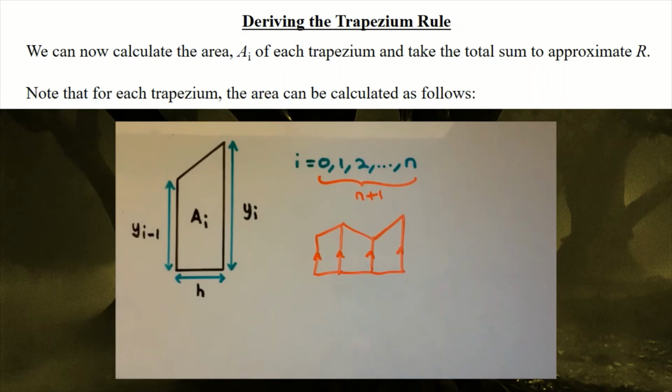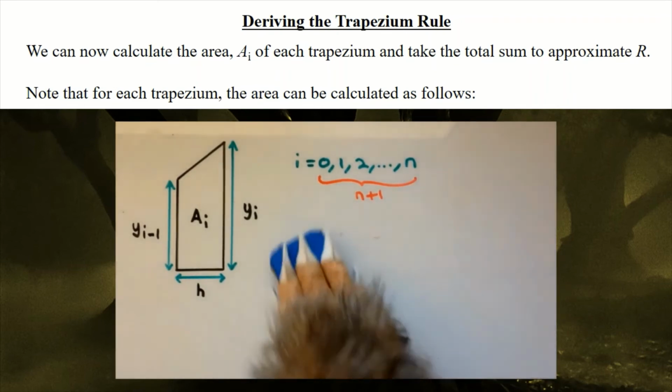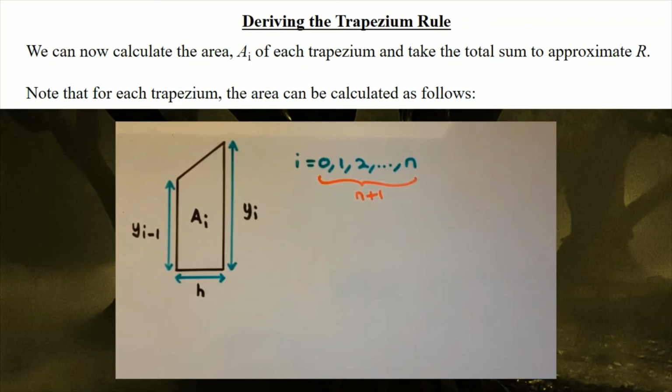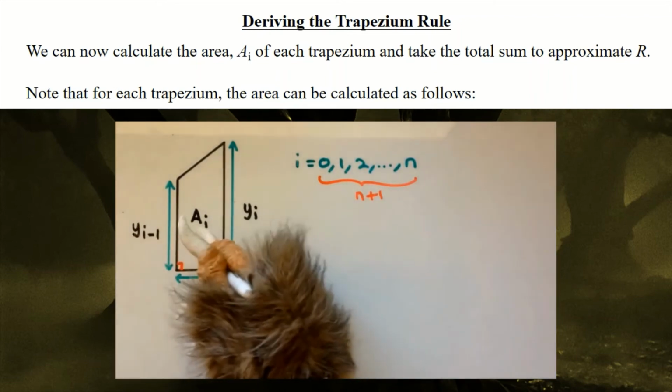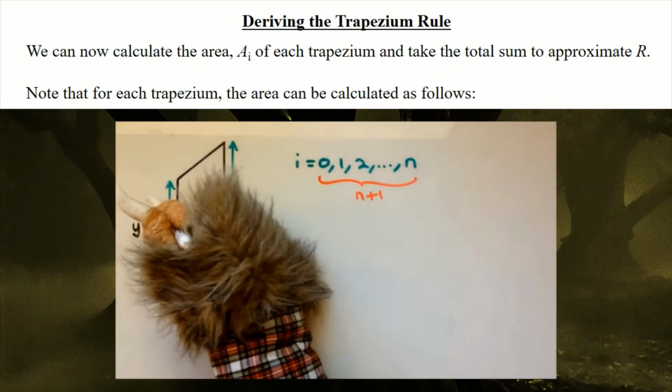Now then, let's have a go at calculating a generalized area of the trapezium, and then we can apply this to our sum. Now you remember from GCSE, the area of a trapezium is a half multiplied by the perpendicular distance between the 2 parallel sides, in this case called h. And remember, h, because it's perpendicular, must make a 90-degree angle with the 2 parallel sides. These, of course, are the parallel sides.